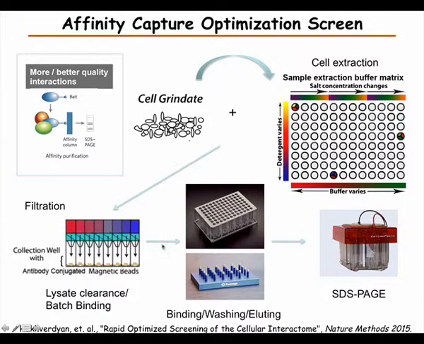It's automated, so you have the filtration step here, and then finally the readout that we usually use is the SDS-PAGE gel. The reason for that is that it's highly parallel, and if you want to screen a lot, mass spectrometry takes a lot of time.